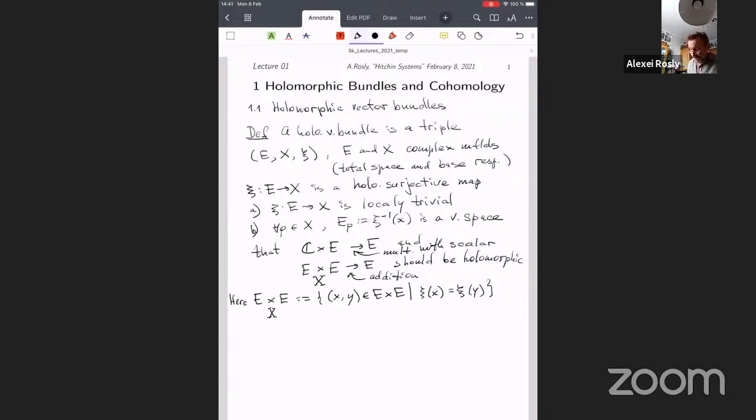Another equivalent definition uses the local triviality.